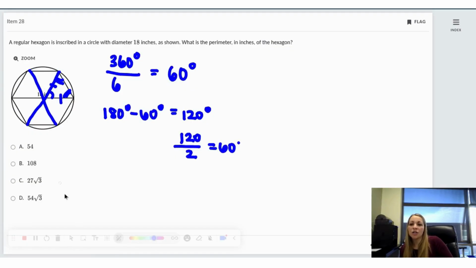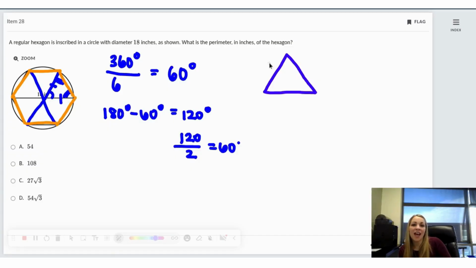So I need to just figure out, well, what is this length right here? And I'm going to recognize that I have 6 of those and add them together to get the perimeter of the hexagon. I'm going to tip this equilateral triangle on its side to label things better. So these are all 60-degree angles, and we know that the diameter is 18.